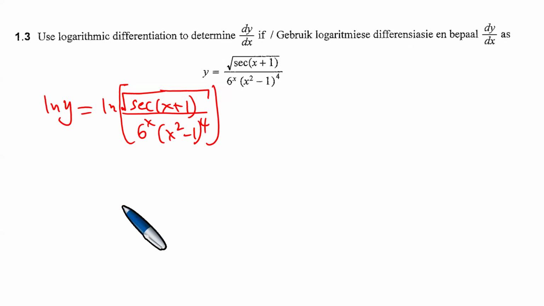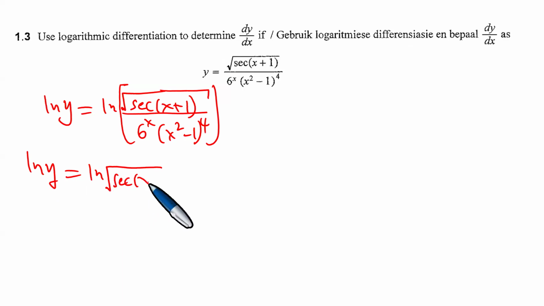So we have the following. If you use the ln, you have the ln of the top, minus the ln of 6.